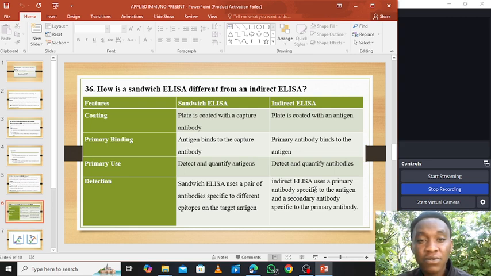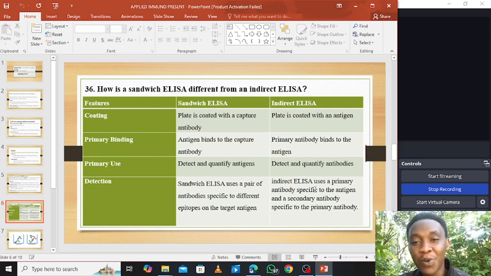Firstly, to differentiate sandwich ELISA from indirect ELISA, we are going to focus on these features. Let's start with the coating, where the plate, or sometimes they use the word well, microtiter well, is coated with capture antibodies, while for indirect ELISA, the plate is coated with an antigen.